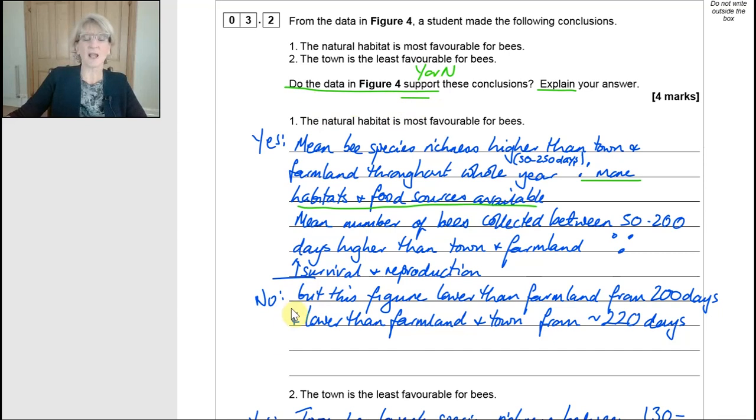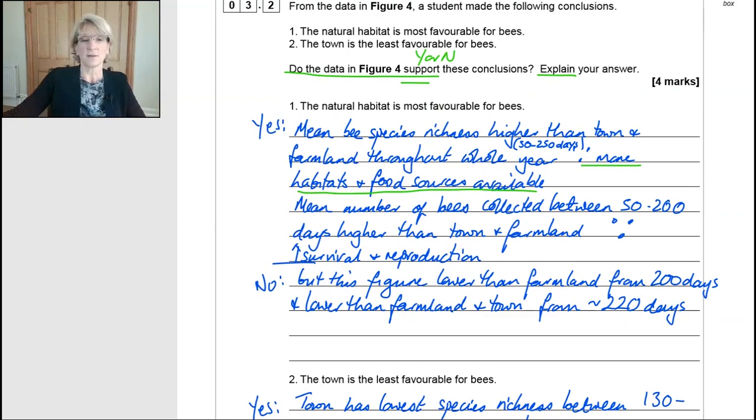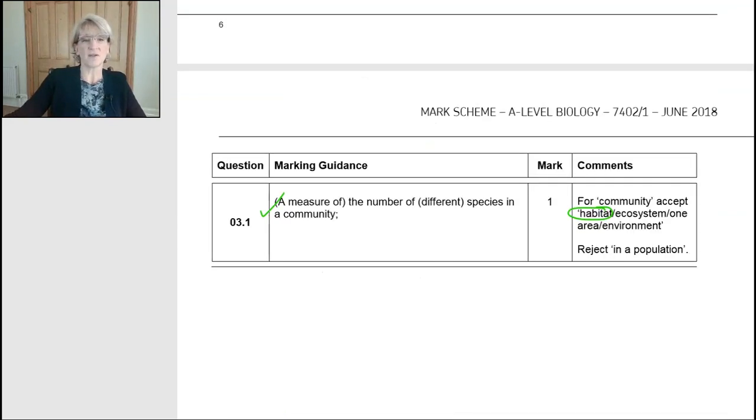So I suddenly realised I needed to put a no part of the answer in. So I put this, but this figure, the mean number of bees, is lower than farmland from 200 days and lower than farmland and town from about 220 days. Let's mark that bit first.